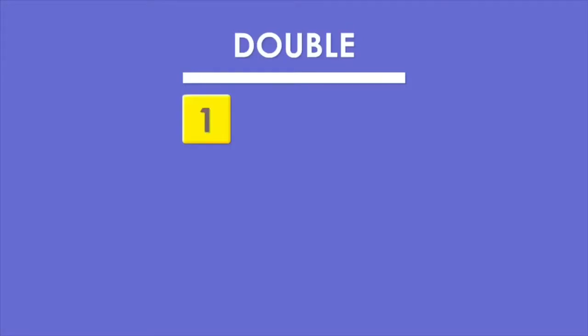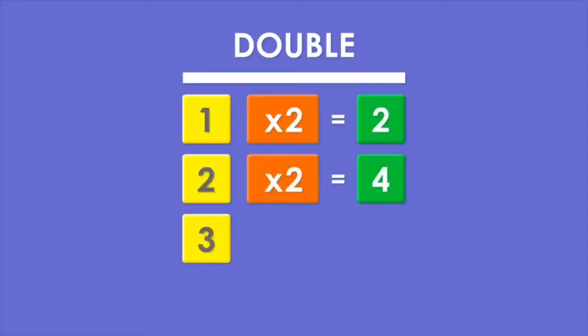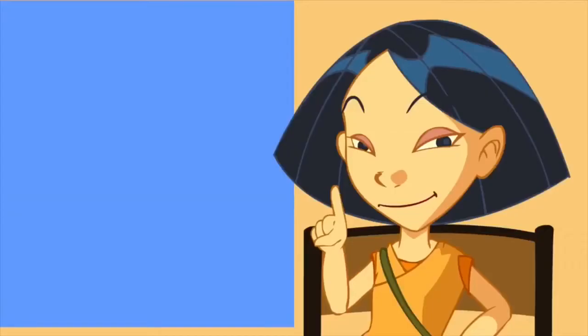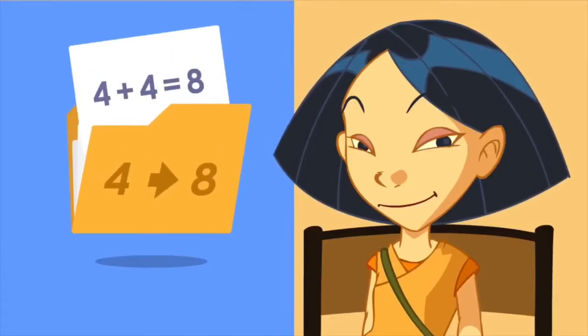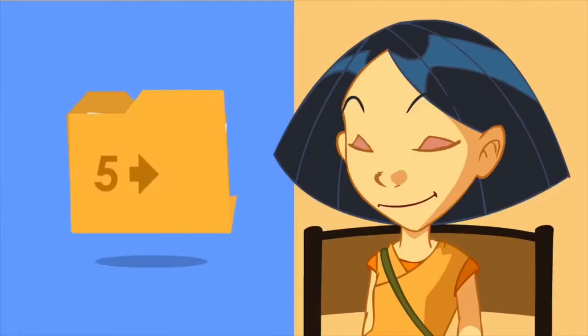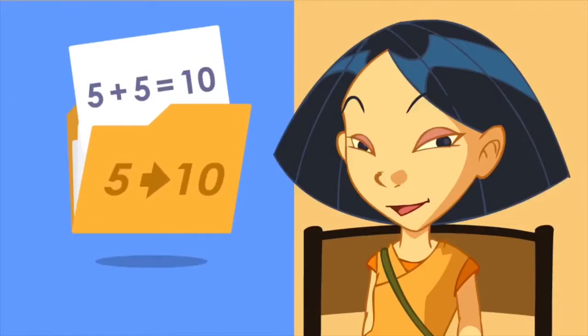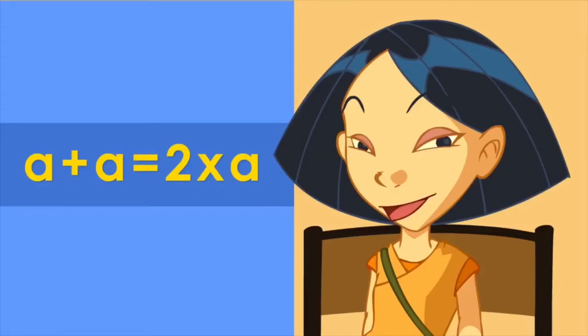In that case, the double of 1 is 2, the double of 2 is 4, and the double of 3 is 6. Of course, the double of 4 is 8 because 4 plus 4 equals 8. The double of 5 is 10 because 5 plus 5 equals 10.